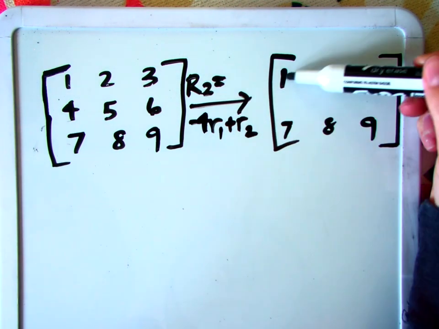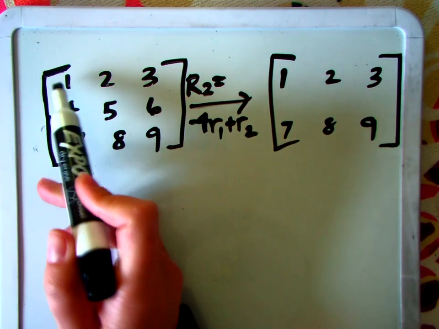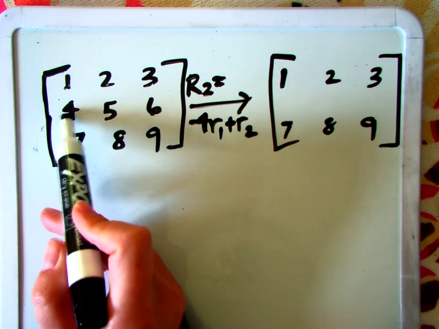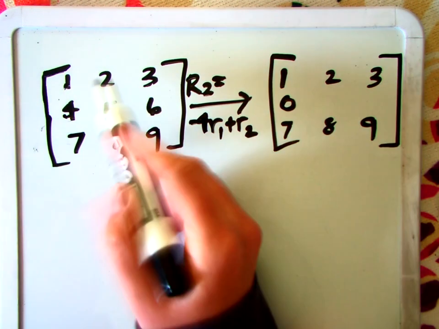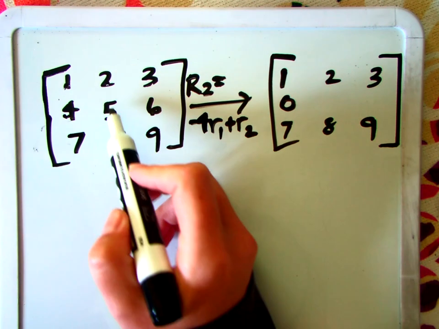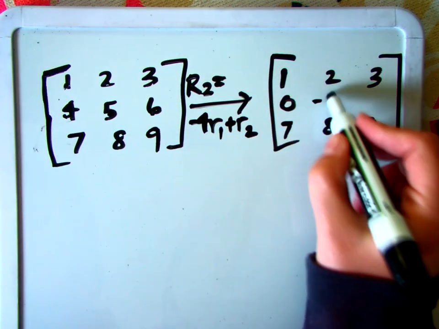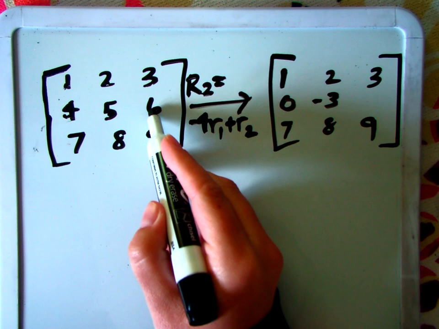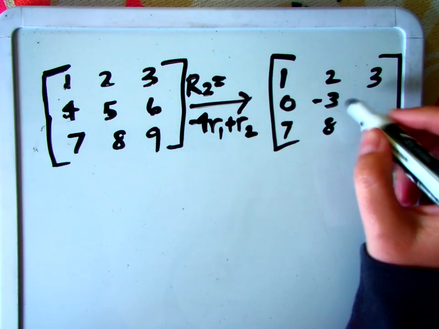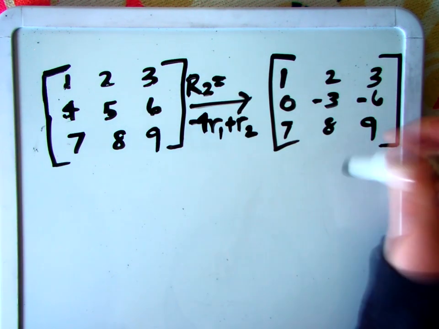So I'm going to take negative 4, I multiply it by old row 1, and I add it to row 2. So what's negative 4 times 1 plus 4? 0. Negative 4 times 2 plus 5? Negative 3. Negative 4 times 3 plus 6, what's that? Going to be negative 6. And that's it.